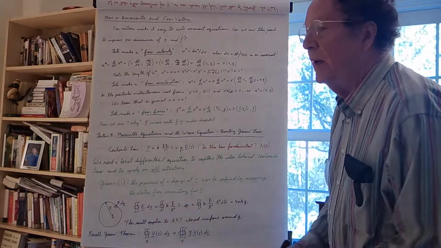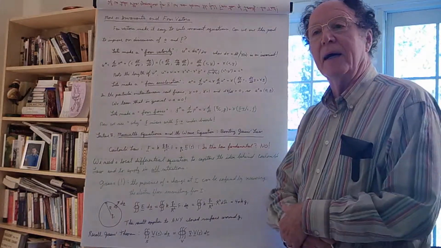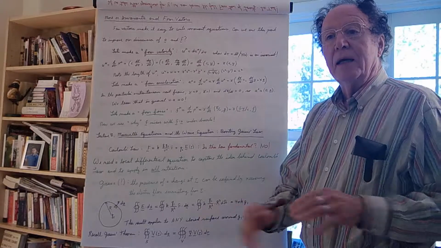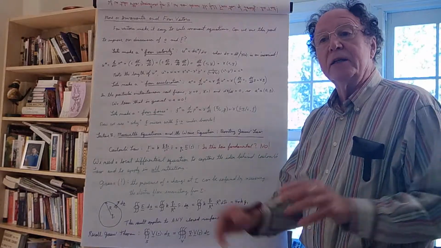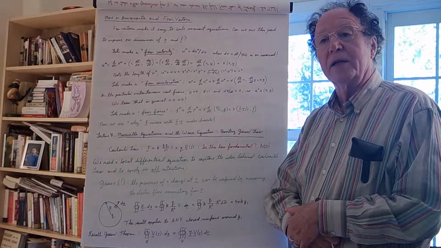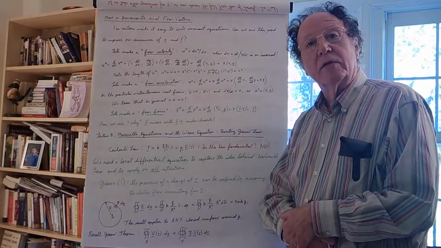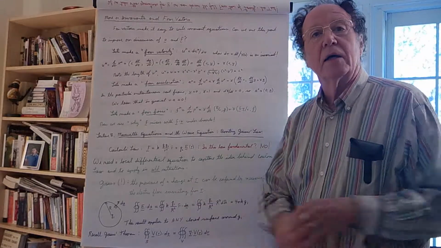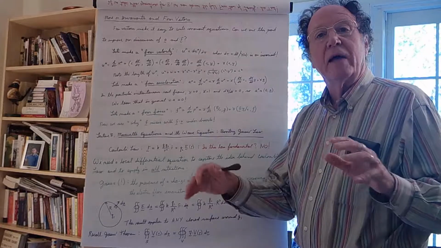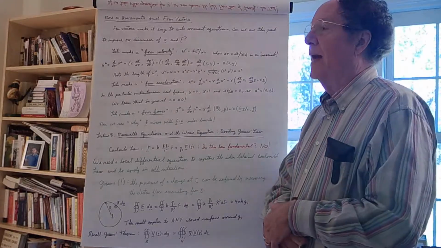We're all familiar with that, and that's experimentally verified. It's true as long as the charge sits at the origin and you've waited a long enough time for everything to be stationary, static.